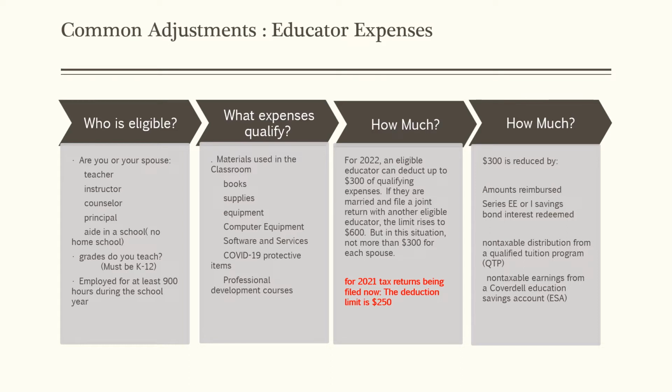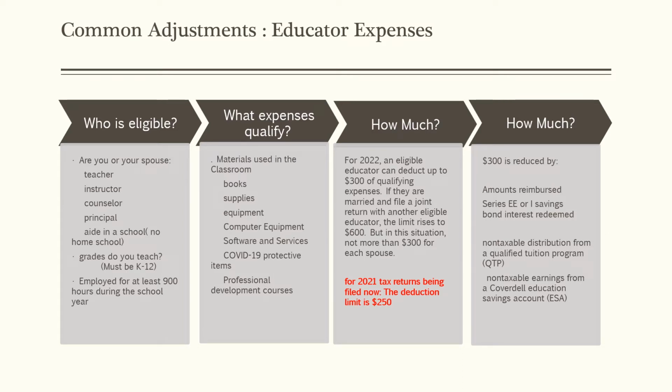And during COVID, any supplies regarding protection of the students were considered qualified expenses, like masks and hand sanitizer and any other supplies needed. Expenses don't have to be required in order to be considered necessary. And homeschooling expenses are not considered qualified expenses.